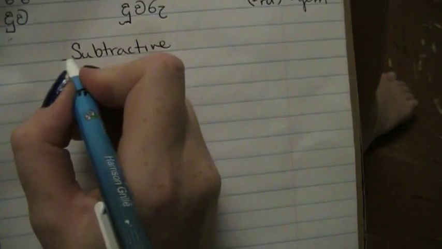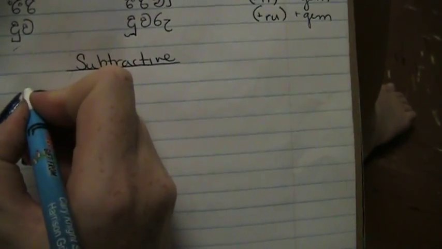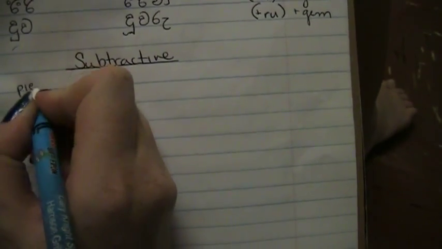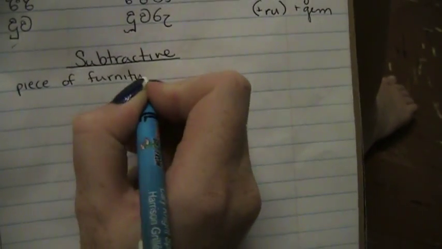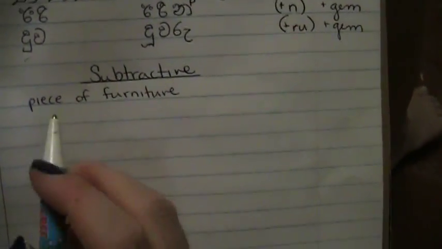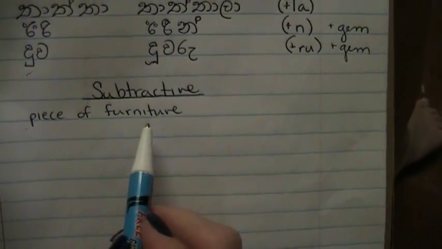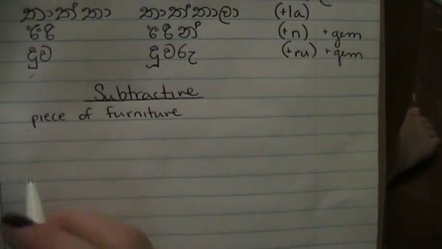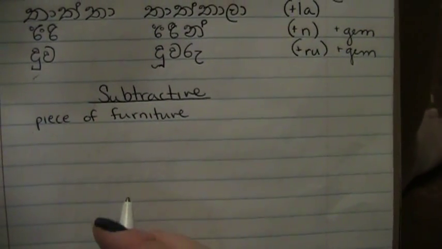So I'll move on to the subtractive. Now you remember in English, an example of this is piece of furniture. To make this plural, you have to subtract part of the phrase. You take out piece of, you're left with furniture, which is the plural form of this phrase.